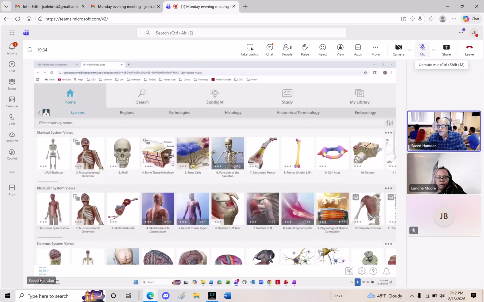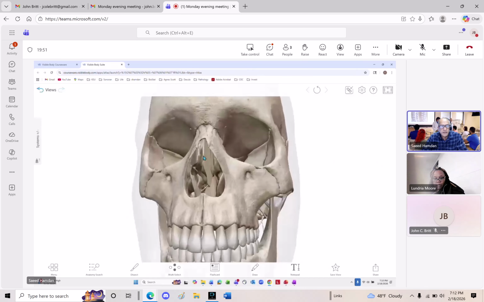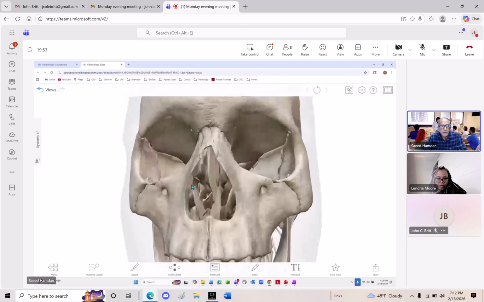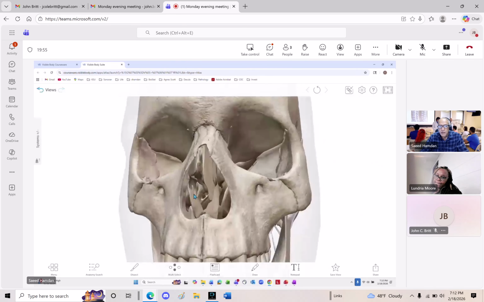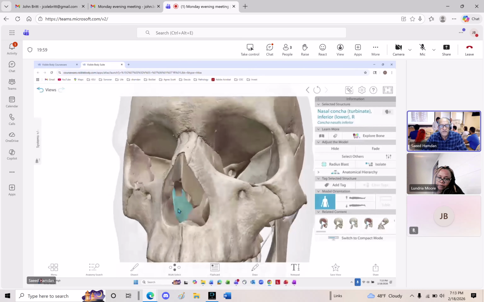Yeah, so the first thing here, we have the nasal cavity, structure of the nasal cavity, superior, middle, and inferior nasal conchae. So now, if you bring this image, you see my image? Yep. You're probably familiar with those. So this is the inferior.